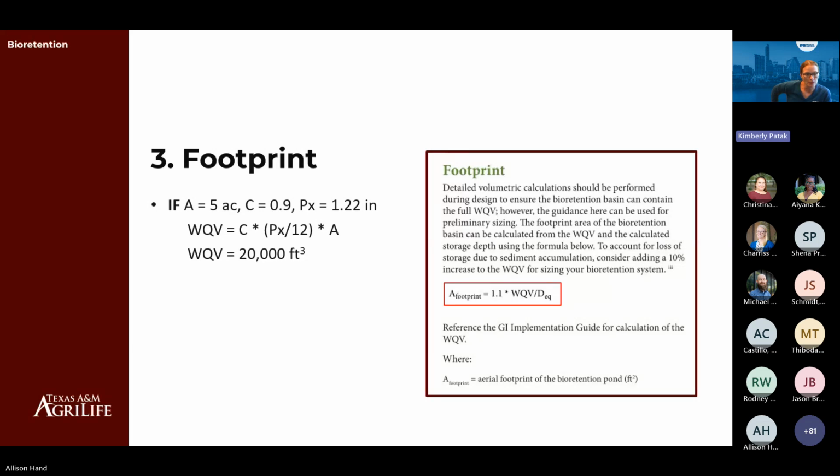Here we've shown an area of 5 acres, but in the equation you actually use square feet, so watch those units as you step through the equations. Then for the next step, you would have the equivalent storage depth of 3.1 feet that you calculated in step 2, arriving at an area footprint for the water quality volume of just over 7,000 square feet.